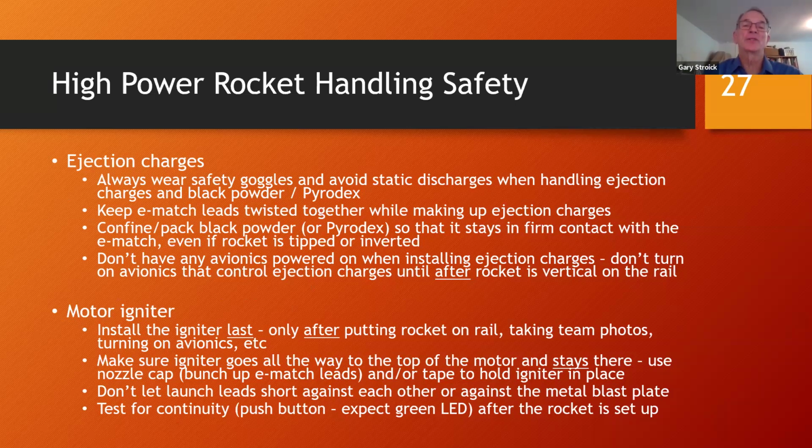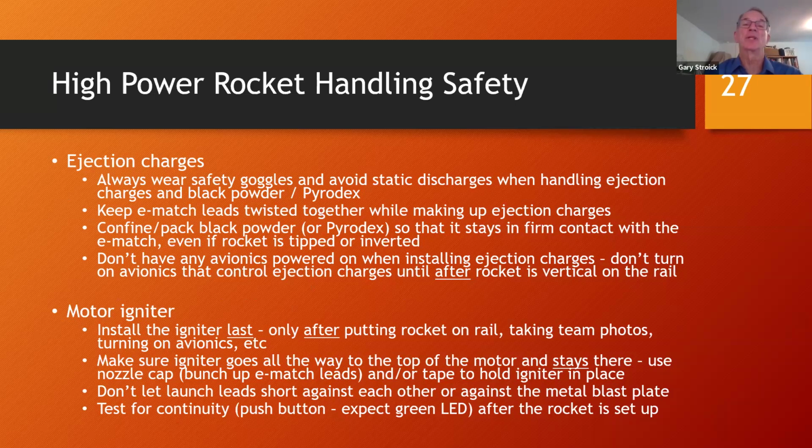Well, why are we arming the electronics first? Because if for some reason the igniter goes off, there's some kind of failure that makes that happen, we want to make sure that when the rocket finishes its flight and reaches apogee, the parachutes are coming out. If those electronics are not on, that rocket's going to come back down ballistic.